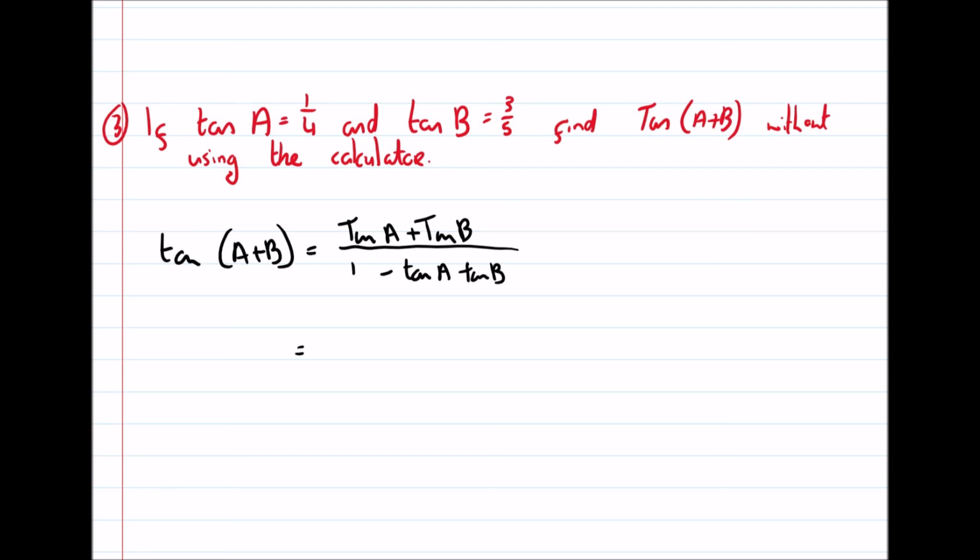Tan A we know is a quarter, plus tan B, which is 3 over 5, over 1 minus tan A, which is a quarter, multiplied by 3 over 5.